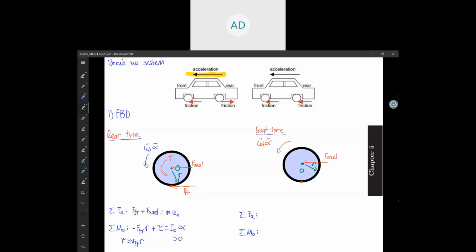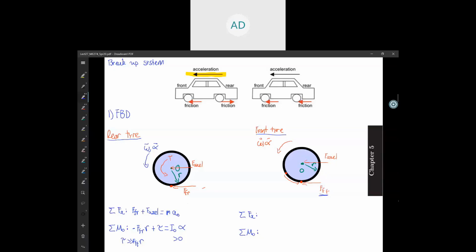Intuitively, one would assume that because the contact point is coming in this direction onto the ground, then friction should be in the same direction as for the rear wheel. But maybe this is not going to be the case. So anyways, let's move forwards with this assumption, and let's see if our equations tell us whether we are right or wrong.